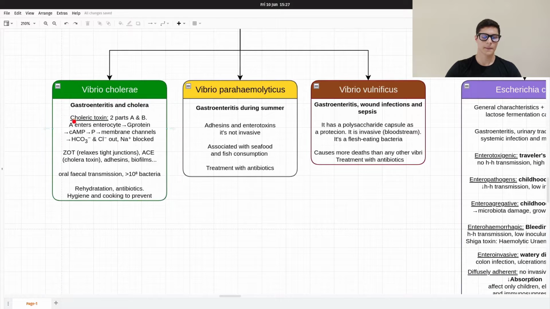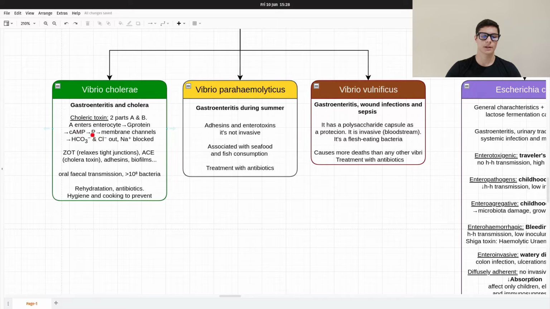Vibrio cholerae creates gastroenteritis and cholera. It has the cholera toxin, which has two parts, the A and the B. The B will attach to the receptor on the membrane, and the A part is going to enter the enterocyte, bind to a G protein, and the G protein is going to activate cyclic AMP.